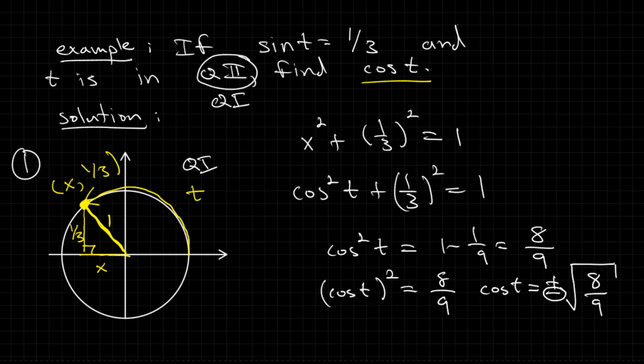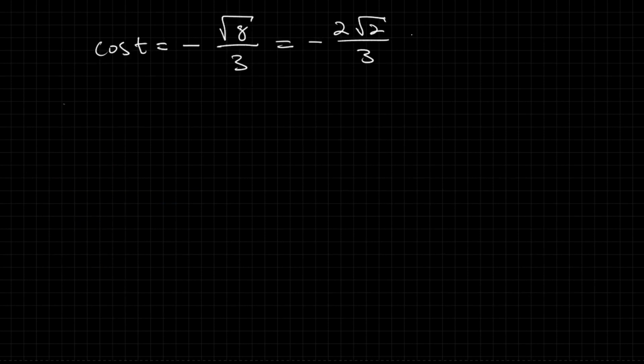So in this case, we were in quadrant 2, so I saw that x was negative. Then you can use the Pythagorean theorem or the Pythagorean identity that we discussed earlier to write an equation. You can solve for what you need to solve for, and you'll have to make sure that you select plus or minus based on the information that's given in the problem. In this case, we knew that our angle was in quadrant 2, which led to the conclusion that the x coordinate or cosine of t would be negative, and then you can simplify your answer.